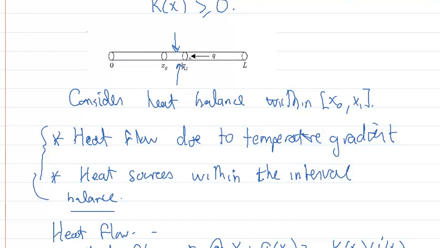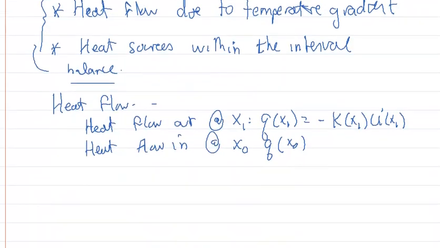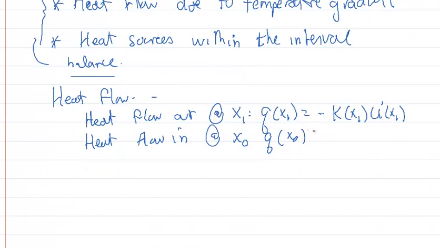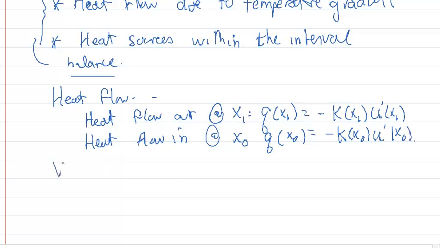The heat flow across this small surface is going out. All right. So that's why I say in and out. So this one here is going to be equal to minus kappa of x0, and that's U prime of x0.